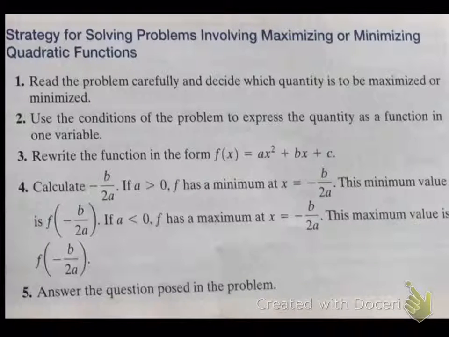So the strategy for these, step one, is to read the problem carefully and decide what quantities. I always recommend that you write the equation of whatever needs to be maximized or minimized.